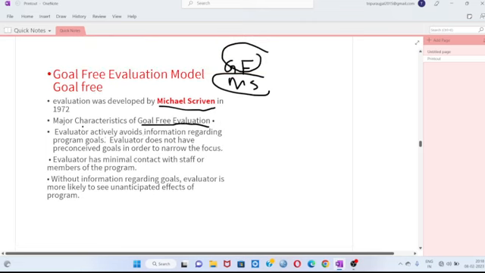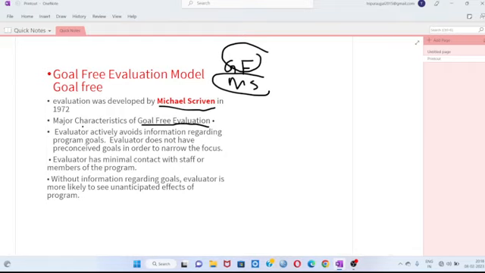The evaluator actively avoids information regarding program goals. So here, the evaluator is going to evaluate what this program is. Does it require any goal like that? But here the evaluator is not actively involved in getting information about any program. They are not fixing any goal. So without a goal, they are going to do their work.